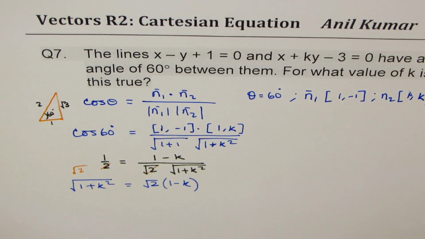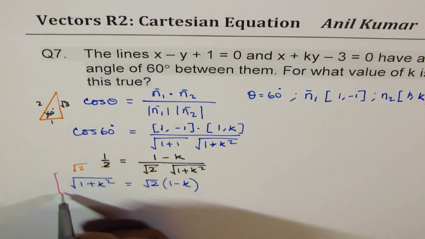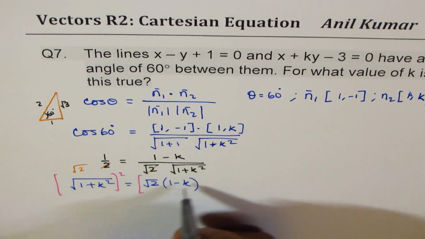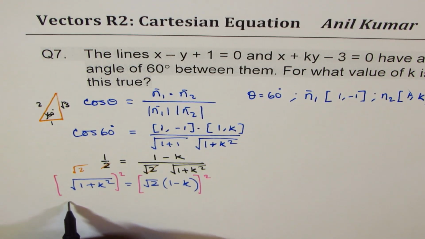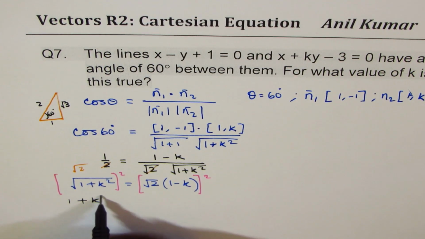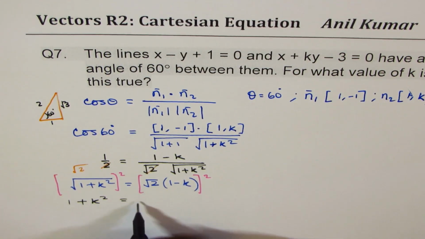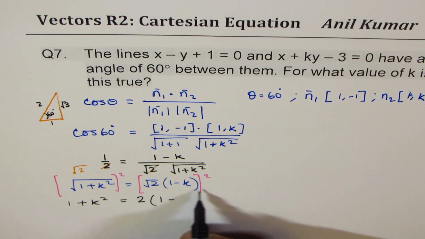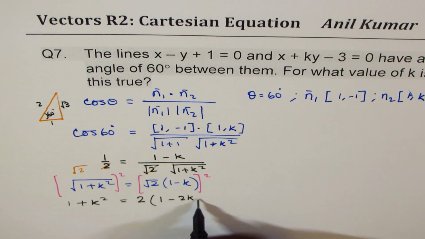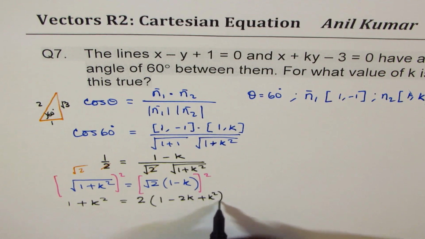Okay. Now we can square both sides. If I square both sides, I get 1 plus k squared equals 2 times (1 minus k) squared. Here square root 2 becomes 2, and that square is 1 minus 2k plus k squared, right?